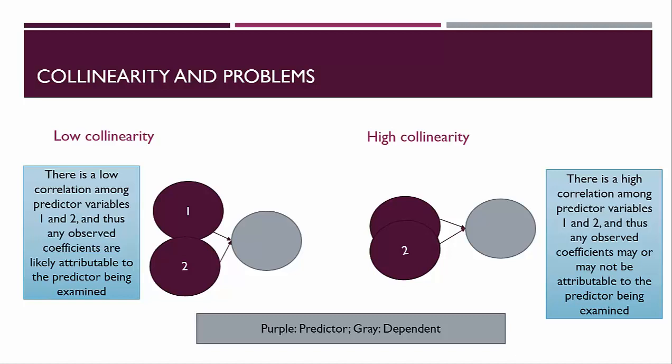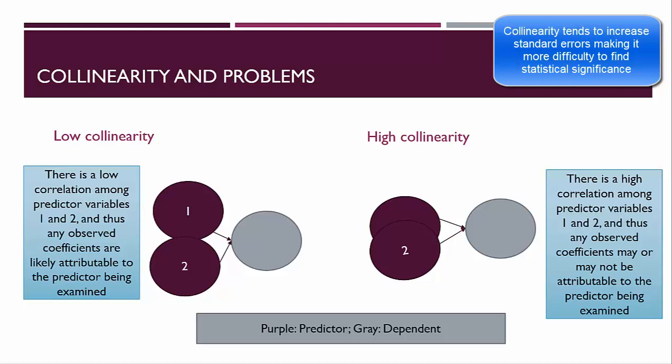And it could be difficult for you to accurately determine which guitar player is creating the sound that you're hearing, and therefore make it difficult for you to determine which guitar player is playing best, even if they're playing different notes. This is very similar to what's going on when we have predictor variables that are very highly correlated. It's very difficult for the model to partial out the variance in the dependent variable that's uniquely attributable to each predictor.